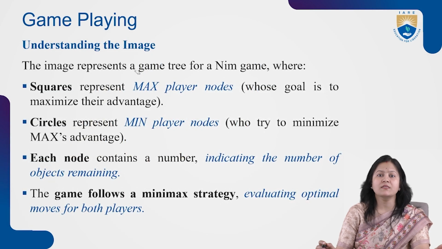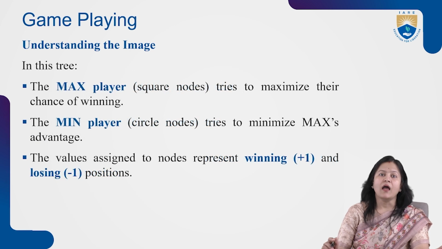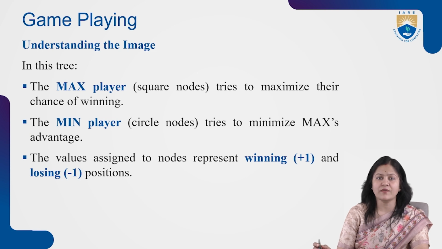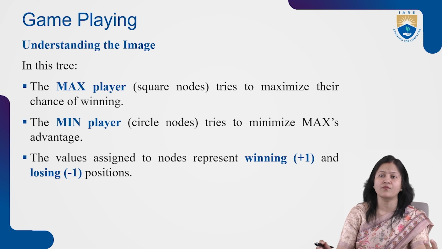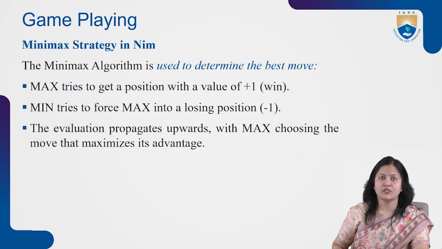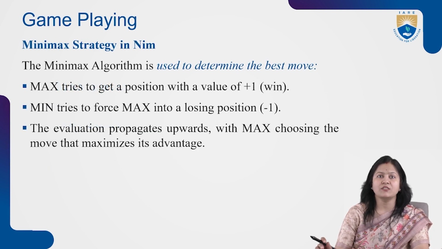The last point is that the game follows a minimax strategy, evaluating the optimal moves for both players. The Max player, the square node, tries to maximize their chances of winning. The Min player, the circle node, tries to minimize the Max advantage. The values assigned to all the nodes are represented with two symbols, +1 and -1. +1 means winning and -1 means losing positions.